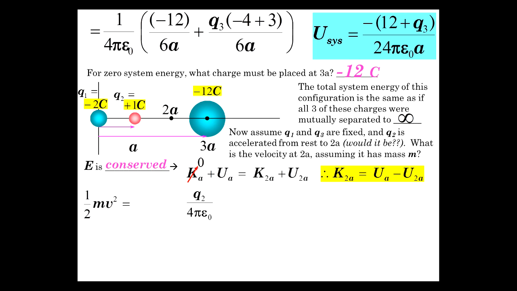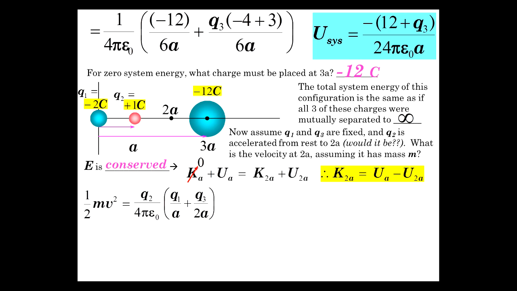So let's do it. 1/2 mv squared. U of A, the potential energy of this charge at A, is the result of its energy compared to the two charges, -2 and -12. So we have to consider the contributions from both. So the Q2, this charge, is common, and we do the multiple charge potential energy. So it's Q1, this guy, over the distance A, plus Q3 over the distance 2A.